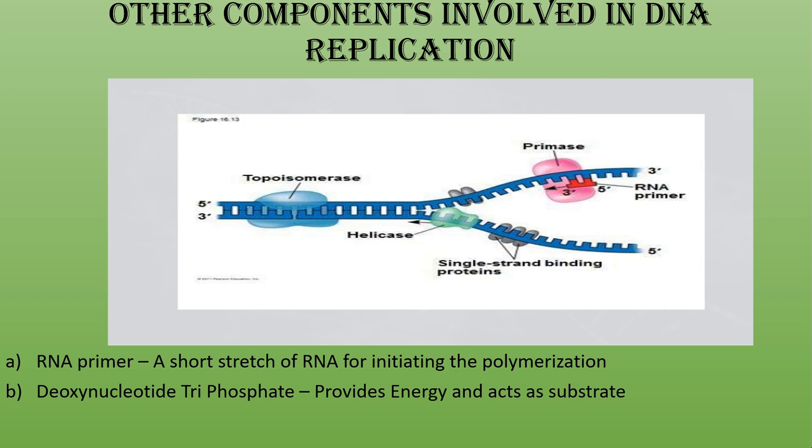So it's called unzipping of DNA with the help of the enzyme called helicase. And the RNA primer which initiates the DNA replication by the addition of nucleotides starts only with the help of the enzyme primase. Okay, we'll discuss one by one next.